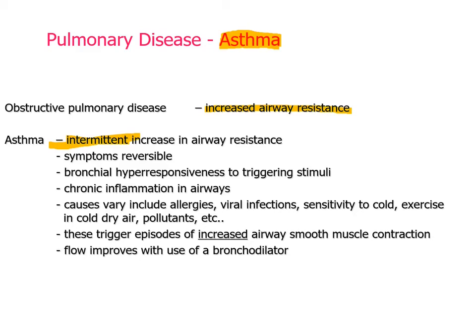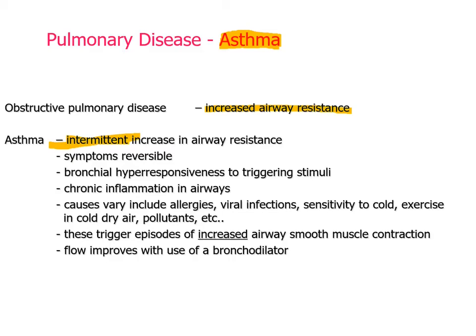Symptoms are reversible. It can be reversible spontaneously. It gets better at times. Sometimes it gets worse, sometimes it gets better. There's always some kind of trigger. It is, in fact, an immune response to a particular trigger, a foreign antigen molecule.